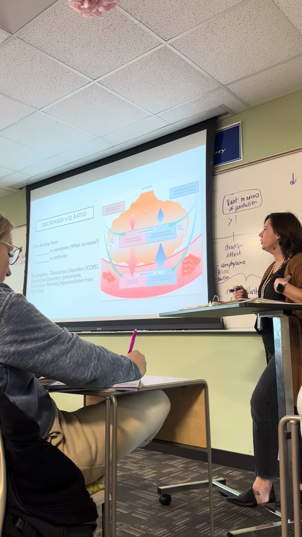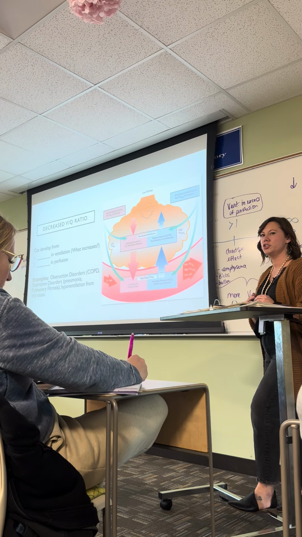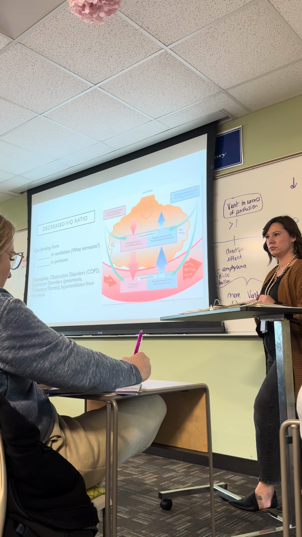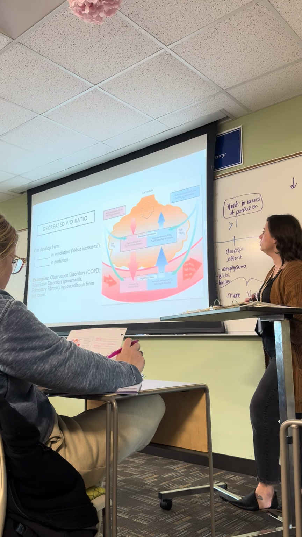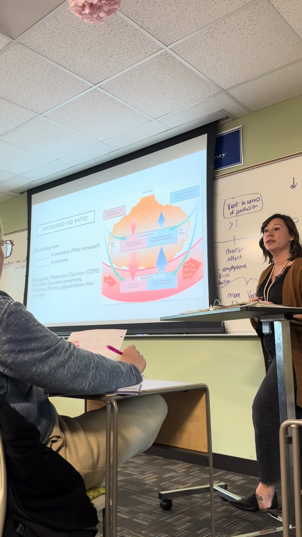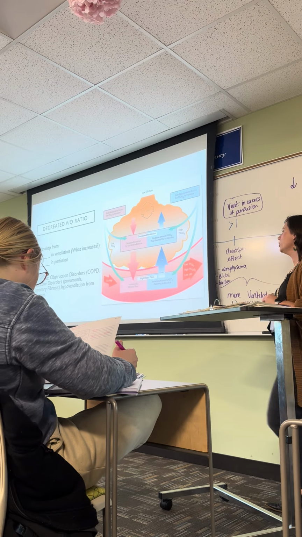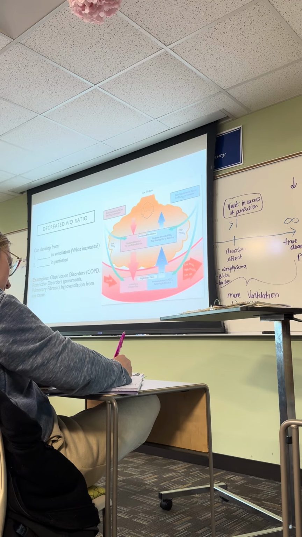So, decreased VQ ratio, what's going to happen to ventilation? Decrease. And what happens to our perfusion? It's pretty much the same, but we say increase. You're going to have that increase in perfusion versus ventilation when you're looking at the two.